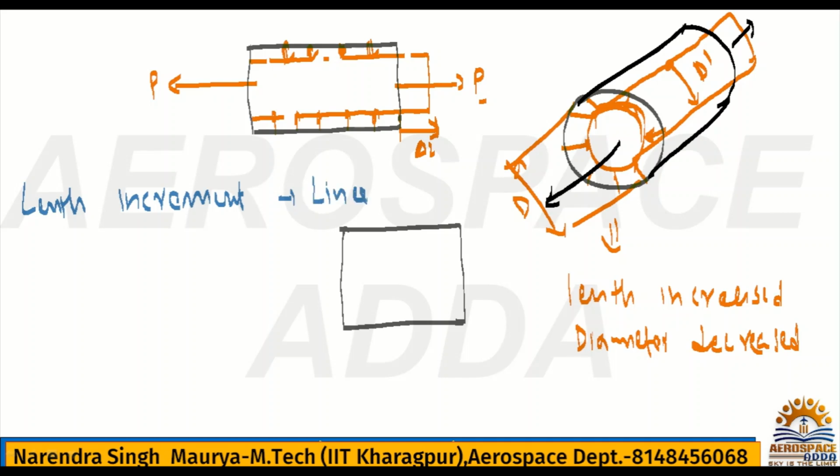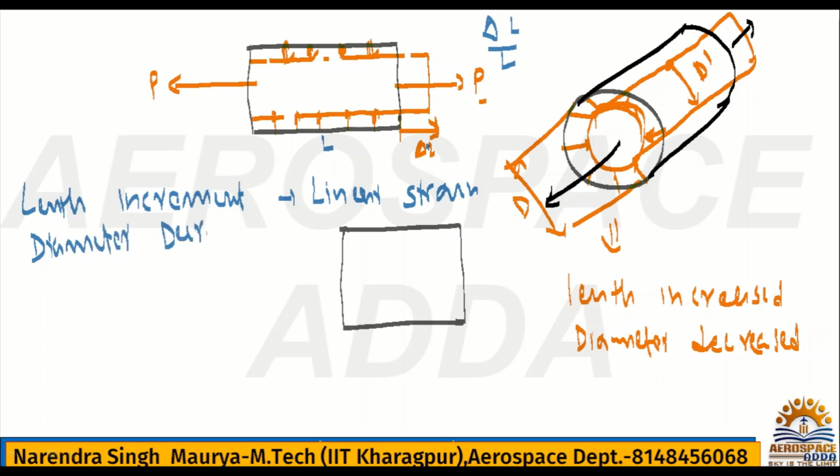Whatever the change in length, with length L, the change in length delta L by L is called linear strain. But the diameter decrement, since it is a circular bar, the decrement in diameter will be called the lateral strain.